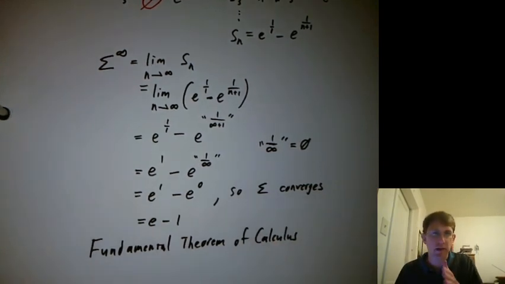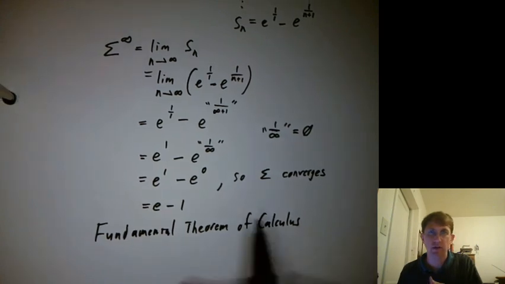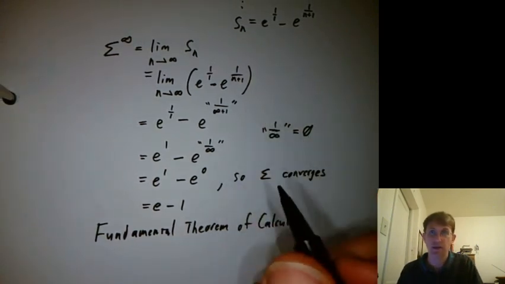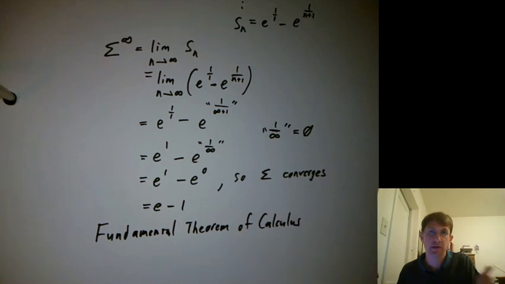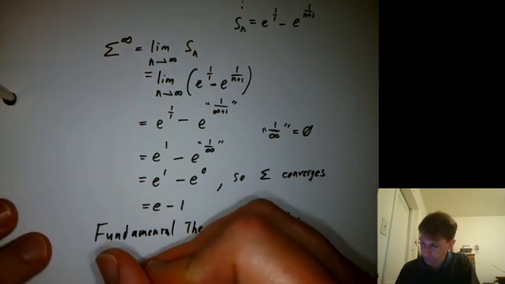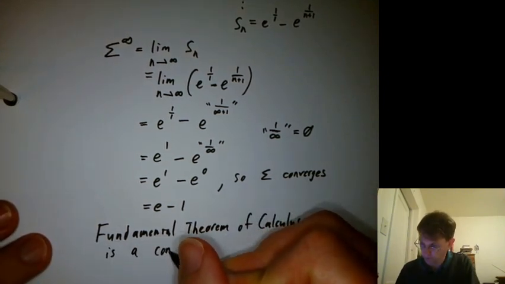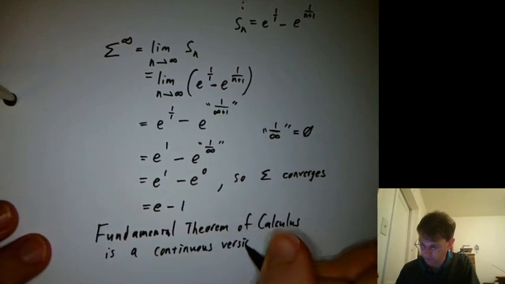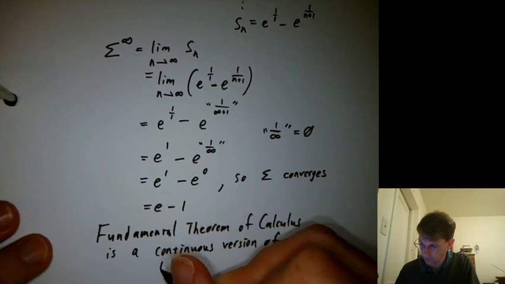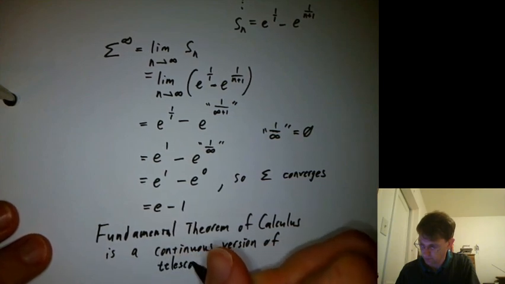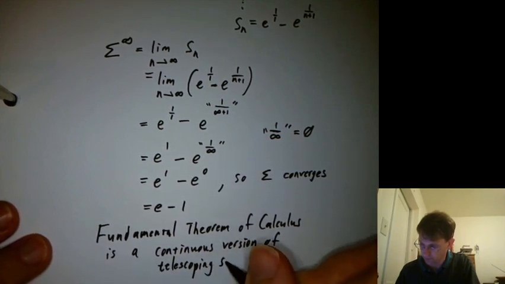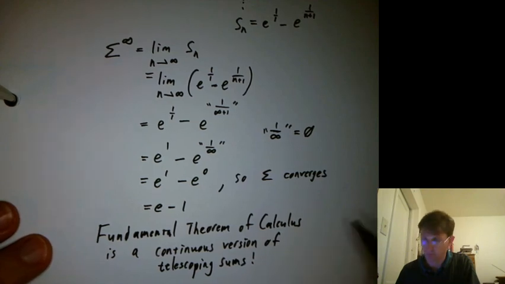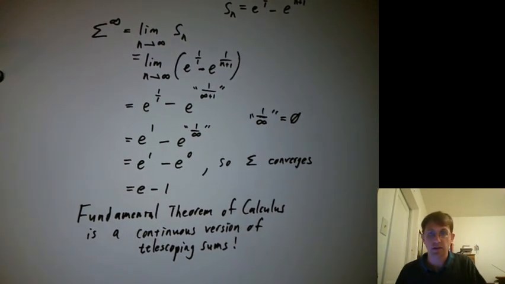We're not going to use the fact here in Calc 2 that the fundamental theorem of calculus is basically a continuous telescoping sum, but it's a nice link. All right, so that's telescoping sums.